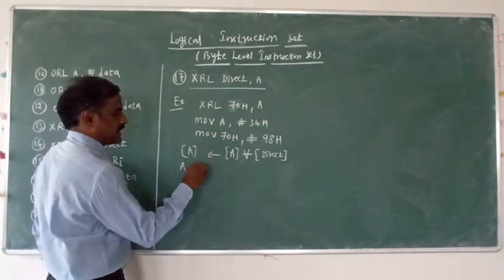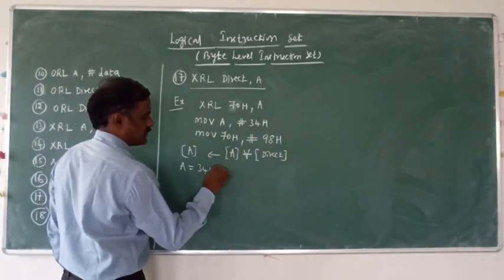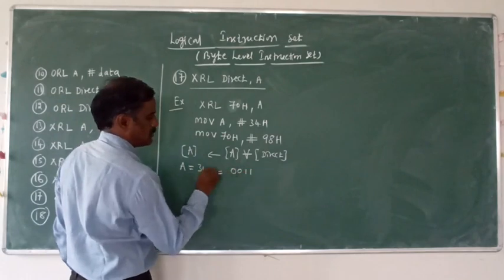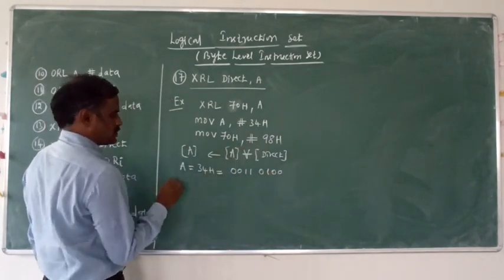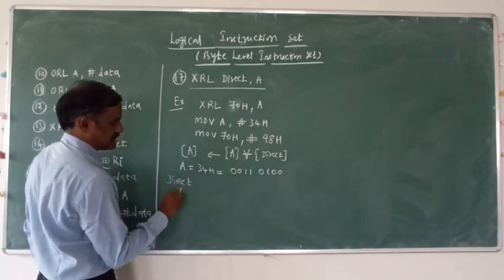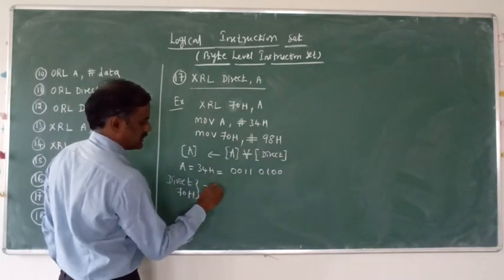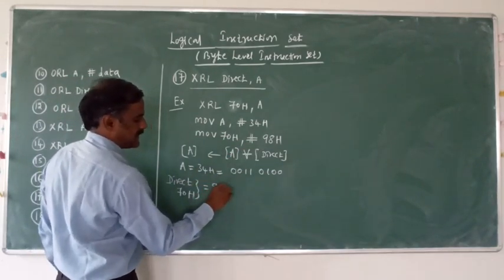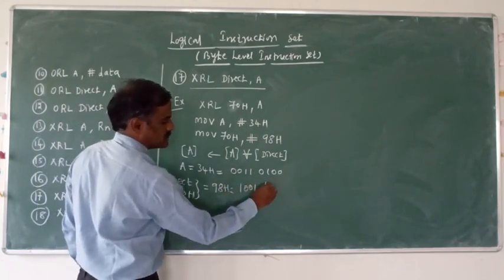Here the register A has 34H. 34 means 0011, 4 means 0100. And the direct memory address location data: direct means the address is 70H, and the data at that address is 98H. 98 means 1001 1000.